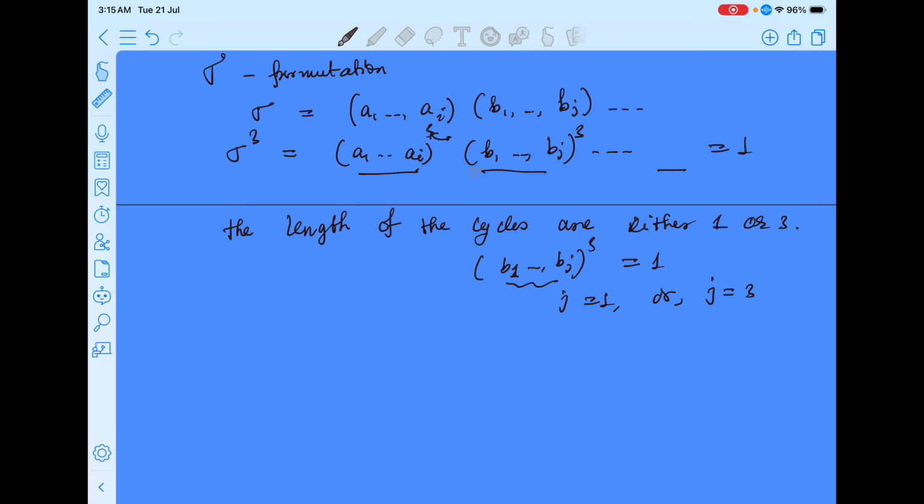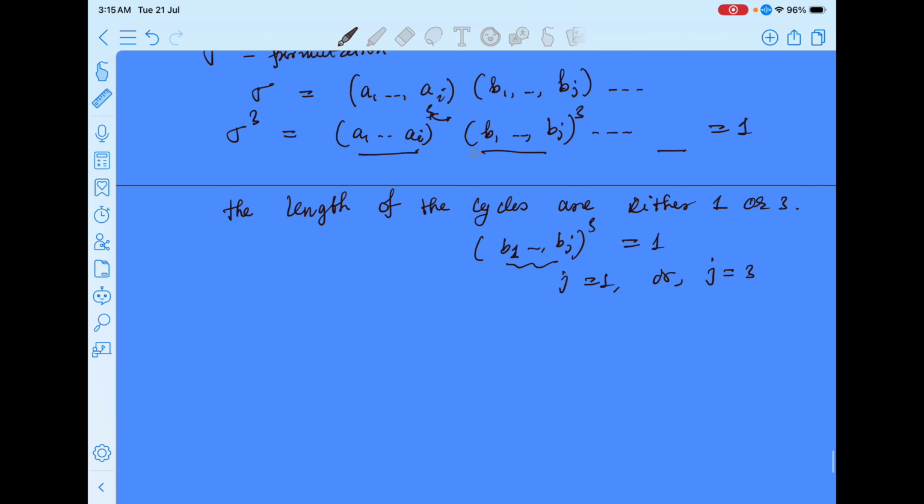All right. So now let us track the maximum length. So if sigma cubed is 1, then sigma can be written as a product of 3-cycles, and so on, right? I want to count how many 3-cycles are possible in a sigma.